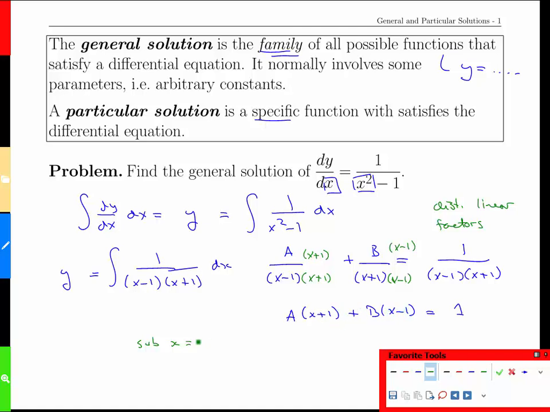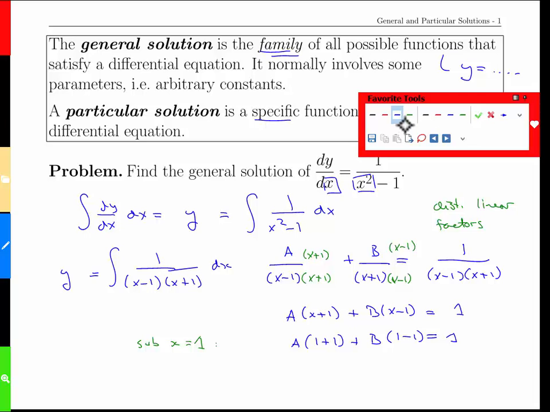In this case here, if we let x equal 1, this equation should be true for all x's. If we make x equal 1, it's still true, and it simplifies our equation by giving us one coefficient that is 0.